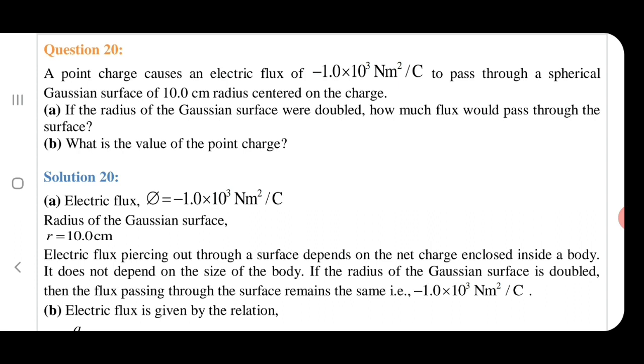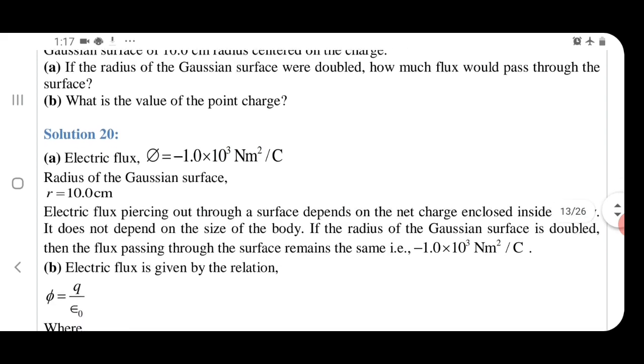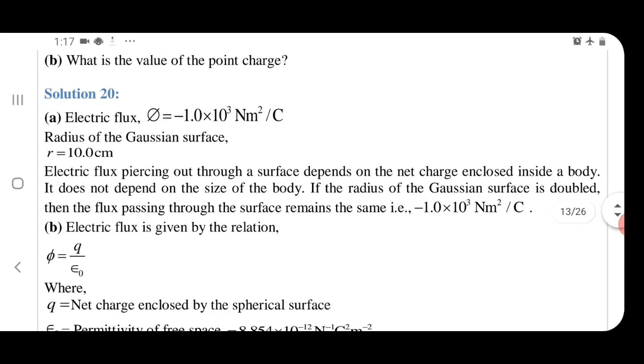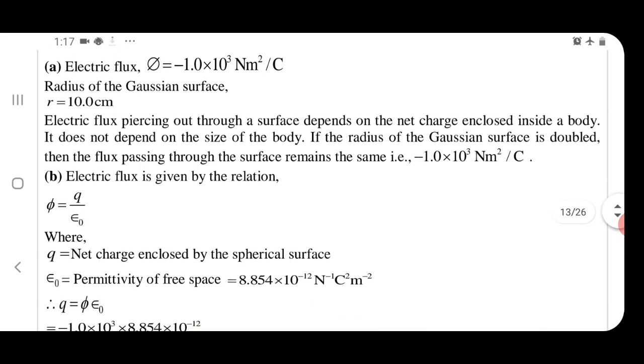It does not depend on the radius of the Gaussian surface or the position of the Gaussian surface. So even if the radius of the Gaussian surface is doubled, the flux remains the same since the charge remains the same. So the answer to the first question is no. No dependence on the size or radius of the Gaussian surface.